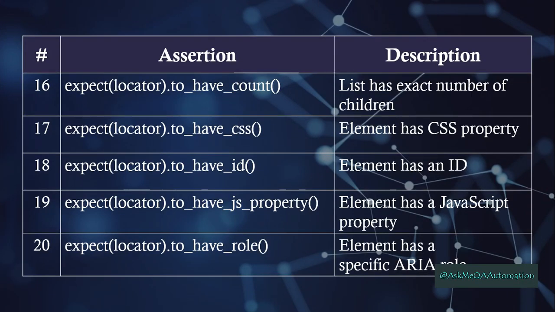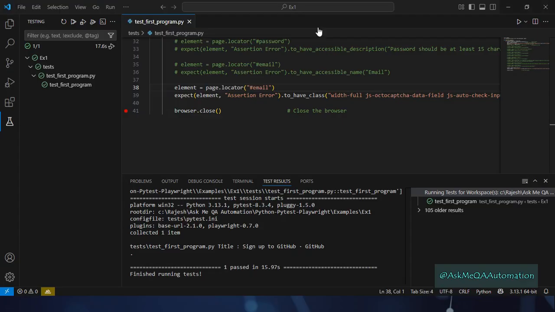Next assertion is to have count. This is used to validate the child node count. Suppose I wanted to check the count of the input element, so I have to specify the input tag here.